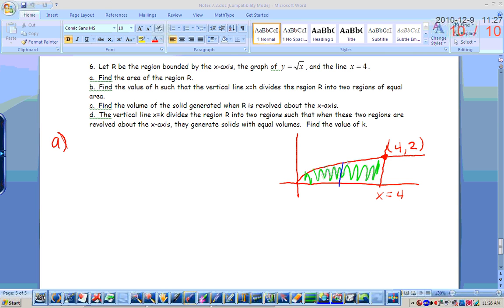I would probably use vertical, personally. Okay, 16/3.